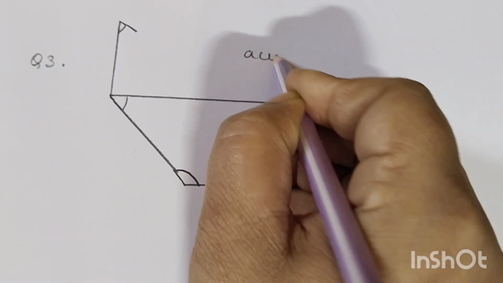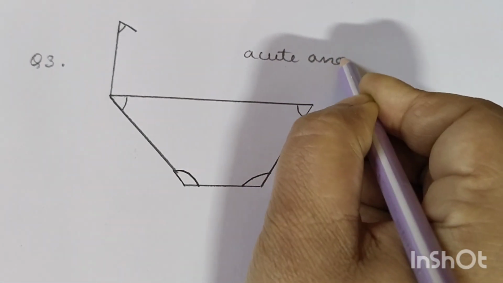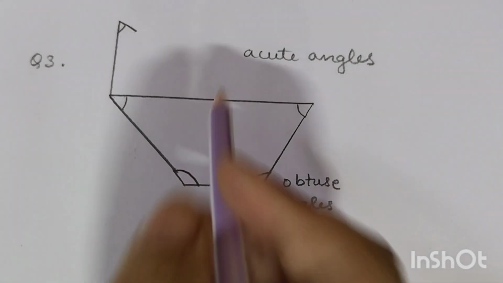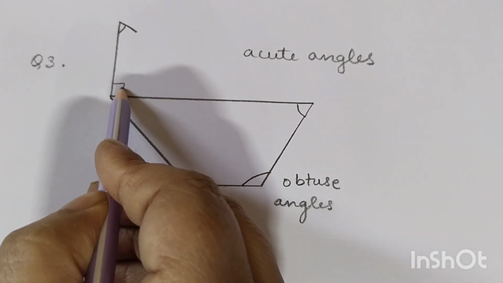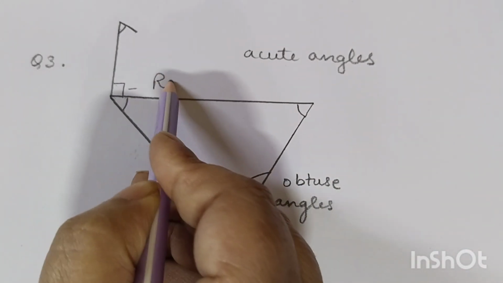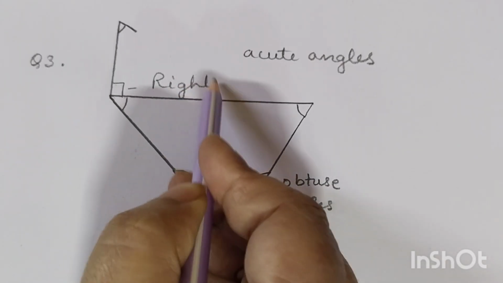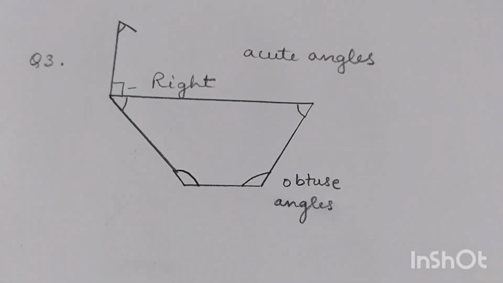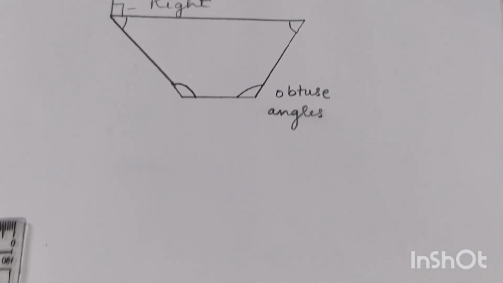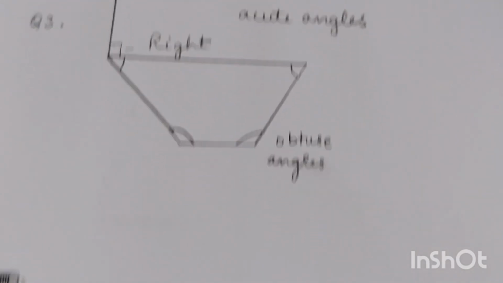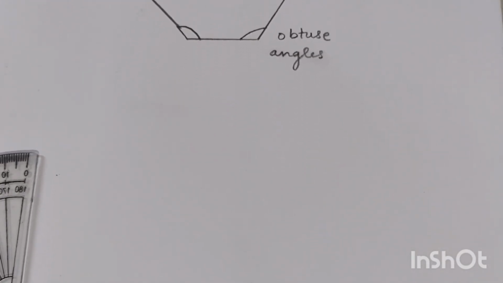This one is 3 acute angles and 1 right angle is there. This is 1 right angle. Okay, you can make this shape. Otherwise, one more option is there.